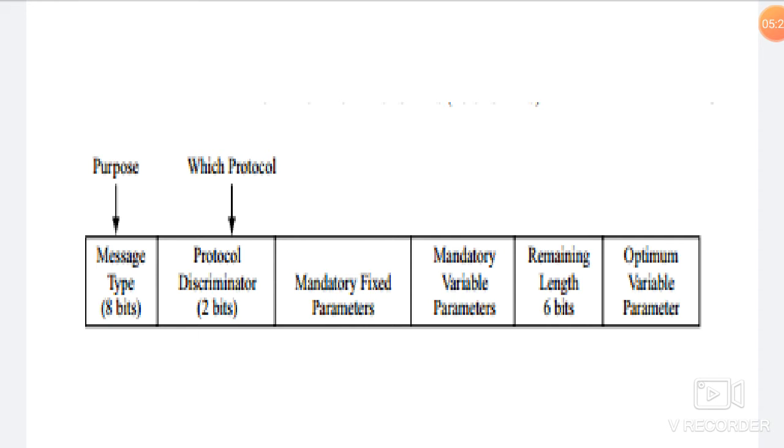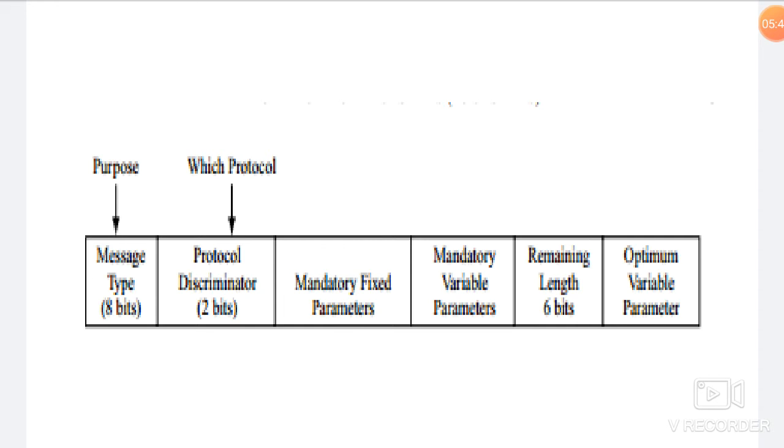The second one is the mandatory fixed parameters, which you can observe in the third place. The mandatory variable parameters, remaining length, and optional variable parameters are the remaining ones to be carried. All these five things are contained in the messages.